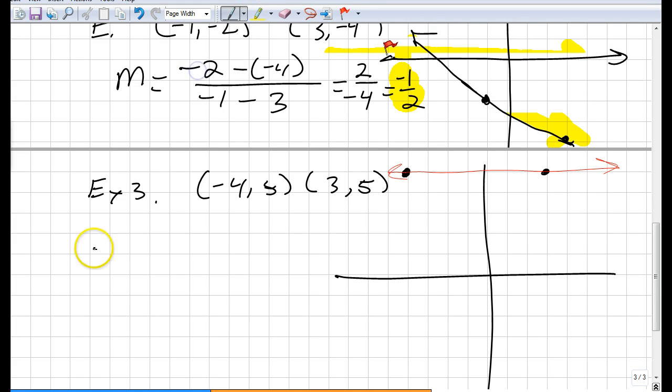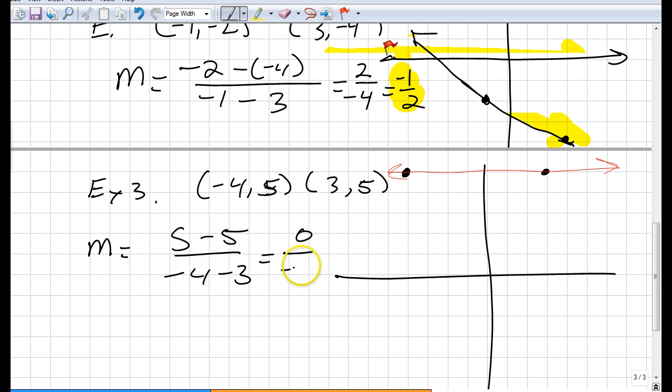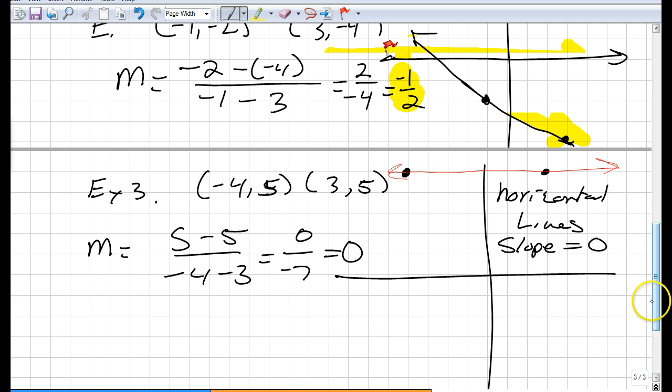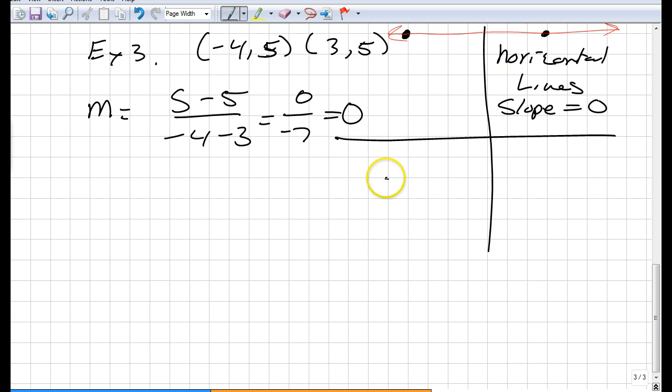And notice when we use the slope formula, it's 5 minus 5 over negative 4 minus 3, or 0 over negative 7, which is just 0. So horizontal lines have slope equals 0.